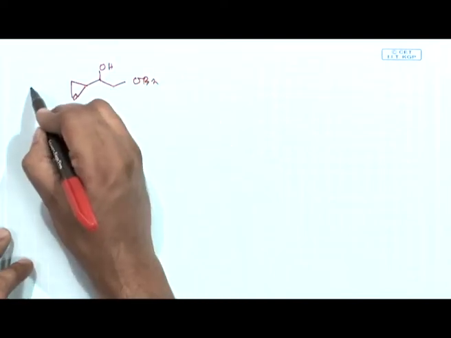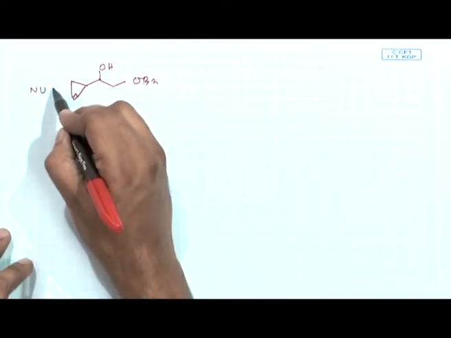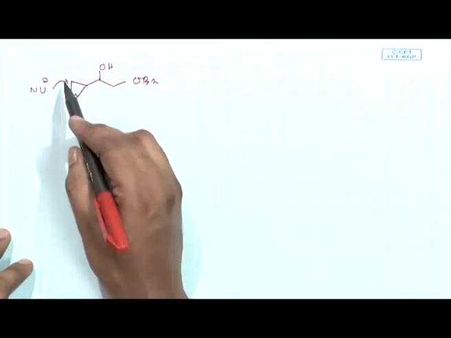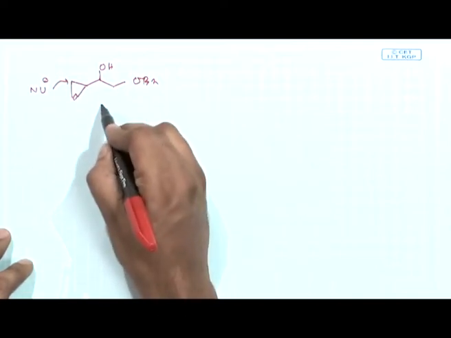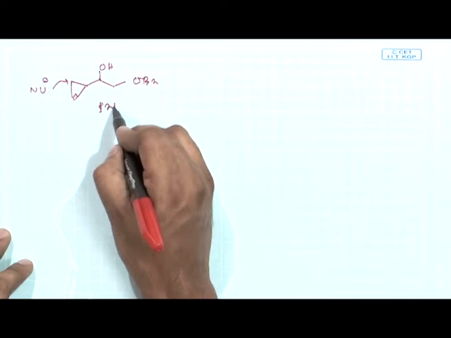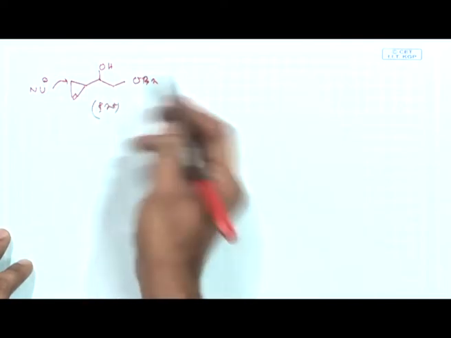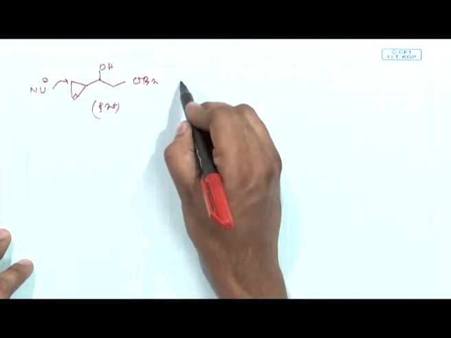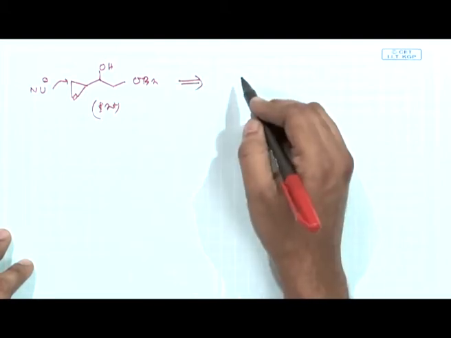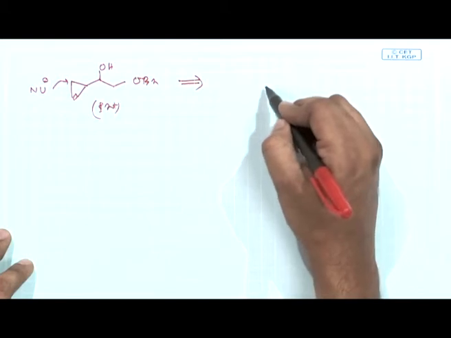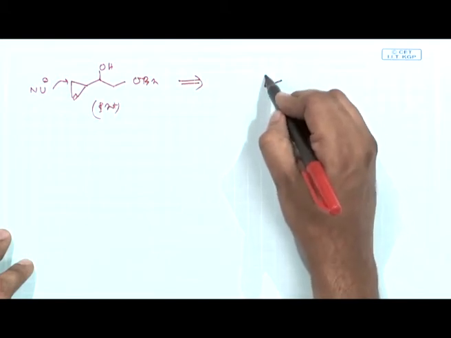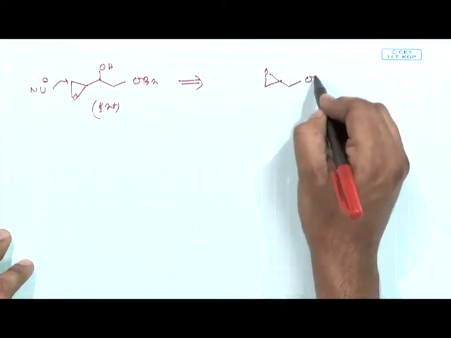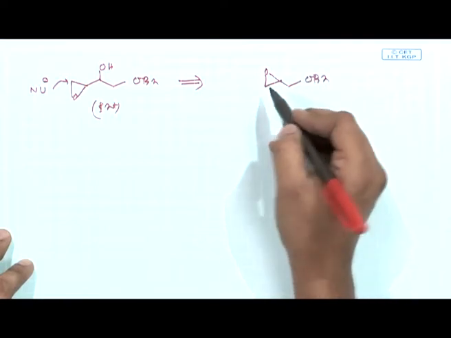If you have a nucleophile which can give you that one extra carbon as well as a leaving group, you can get this intermediate, and this intermediate will undergo nucleophilic ring opening and then intramolecular displacement. Now, do the analysis of how this could be linked with the starting material.